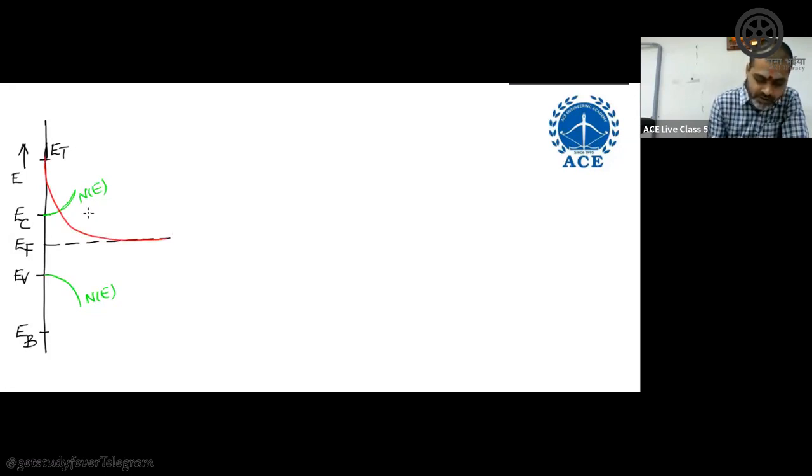So what is this one? f of E comma T. I'm not completing it; if you want to, you can. Hope I am clear. So this is nothing but the actual band picture.